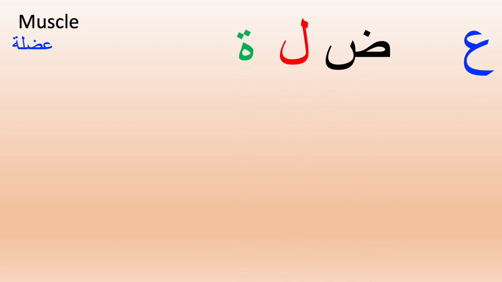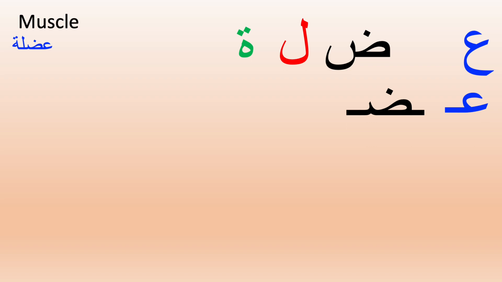The component letters of this word are عين, ضاد, لام, and ت. The عين connects with the following letter ضاد, and it takes this shape. The ض in this example will connect to the right and left, to the preceding ayn and to the following lam, and it gets this shape.